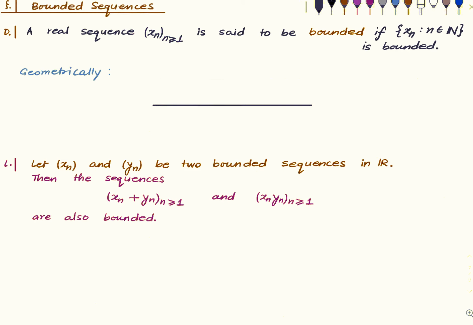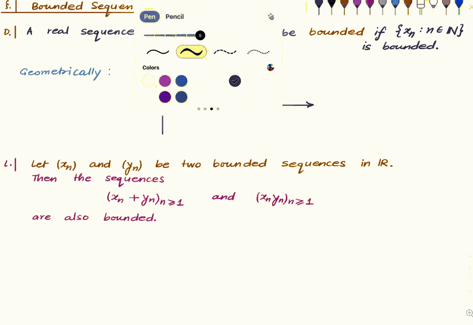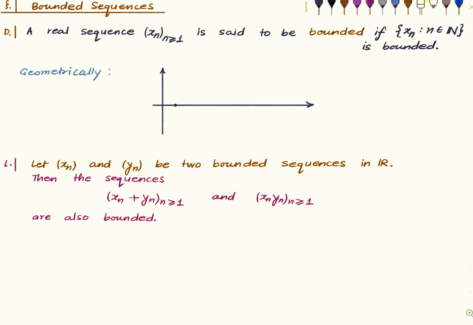Suppose we draw the graph of our sequence like we did in the previous two examples. On the x-axis, we will have all the natural numbers, and for each natural number, we will plot the corresponding element of the sequence. So here I will plot x1, then x2, x3, and so on.